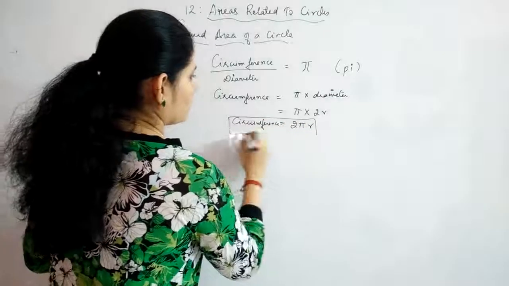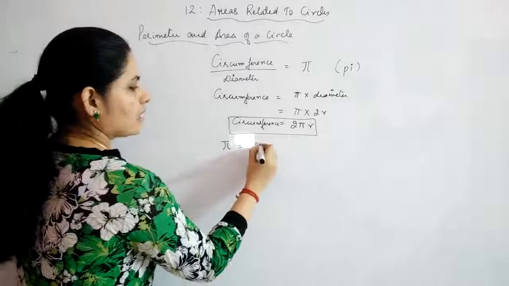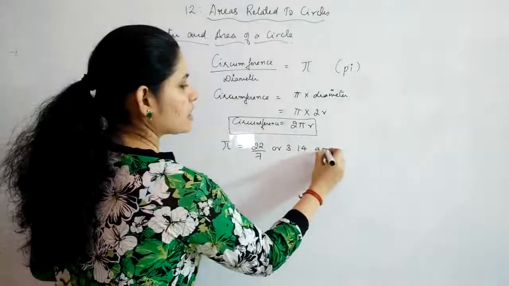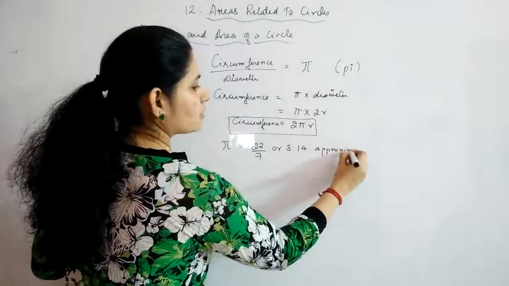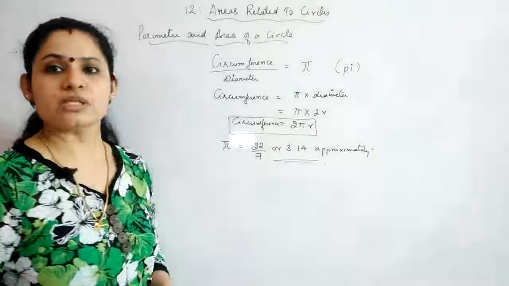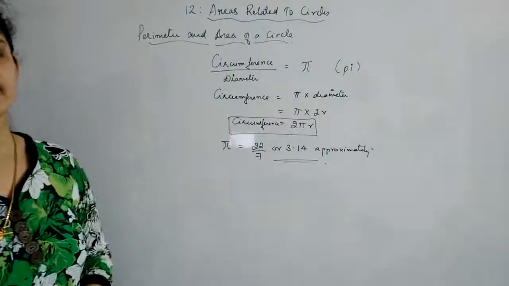Usually the value of pi is taken as either 22 by 7 or 3.14, which is an approximate value, not the exact value, and we will use either of these values in problems.